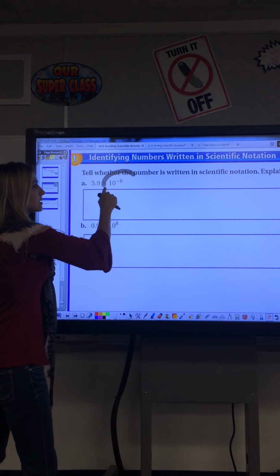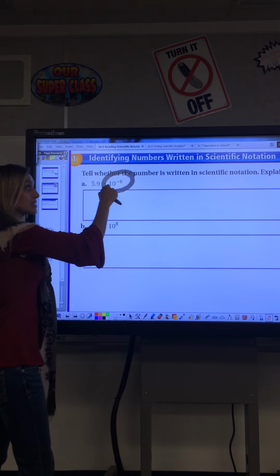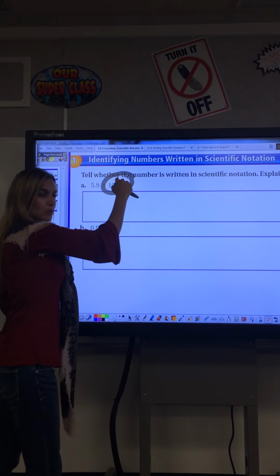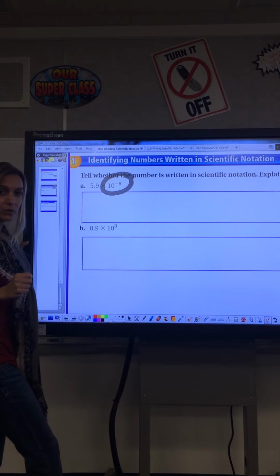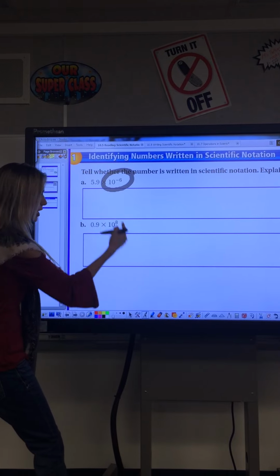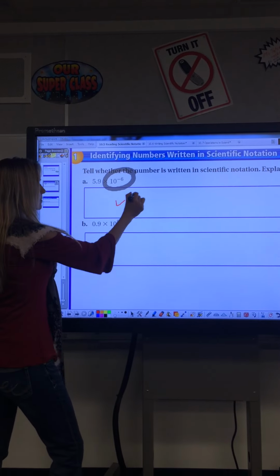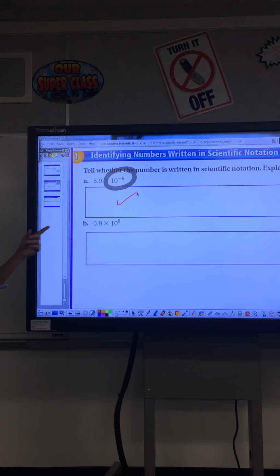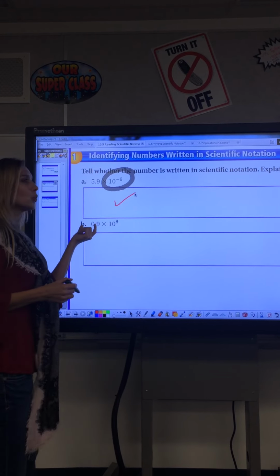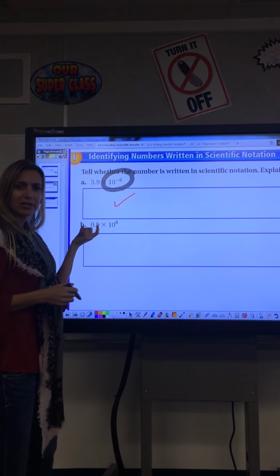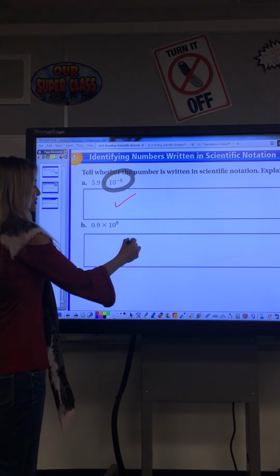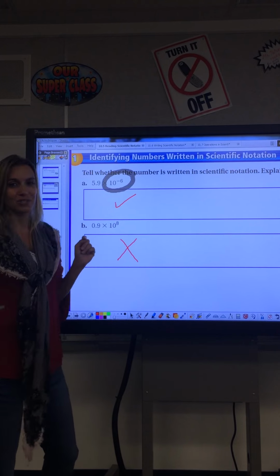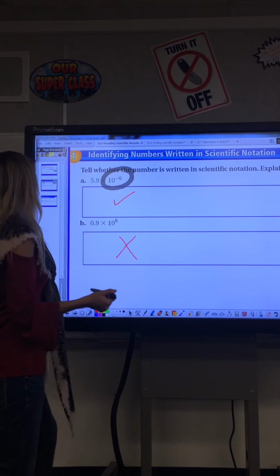And it's times 10 raised to a certain power, which is negative 6. However, this is written in scientific notation, right? So this one checks. This one in here, is 0.1 equal to or greater than 1? No, it's not. So this one is not written in scientific notation.